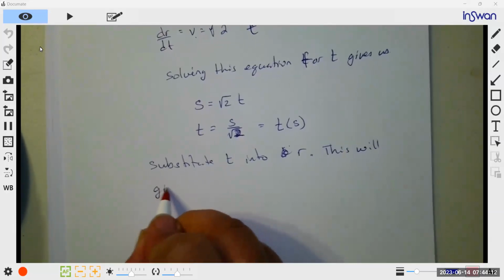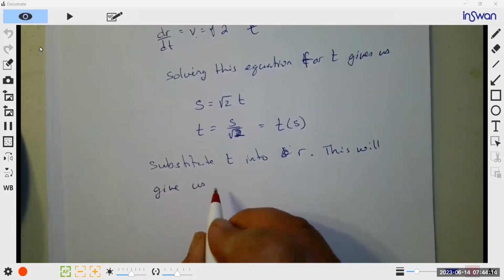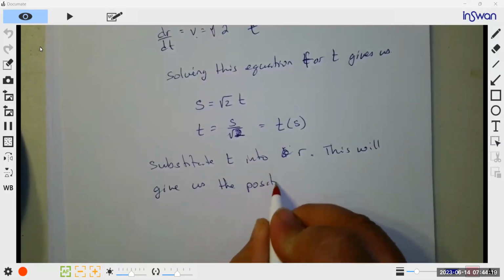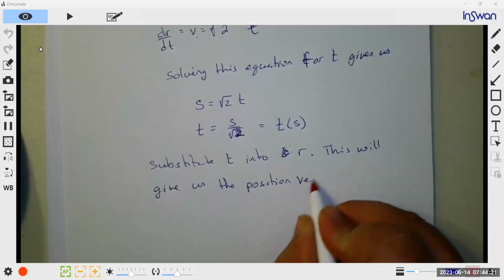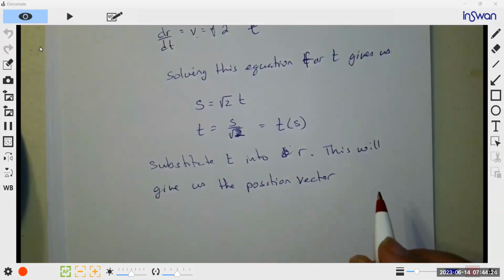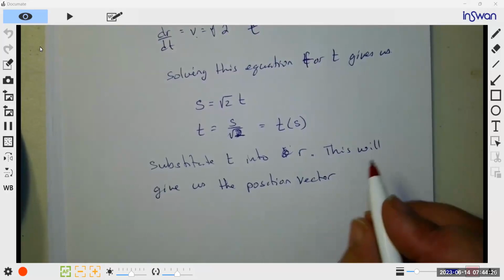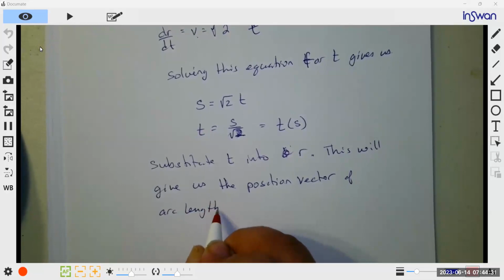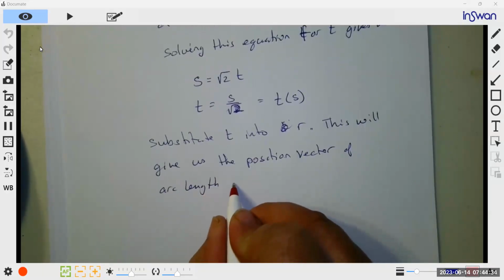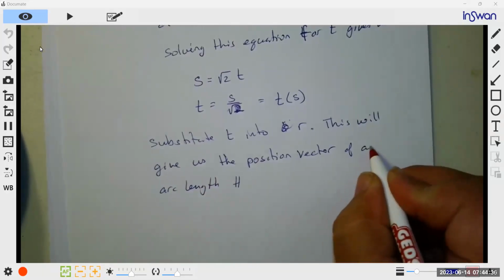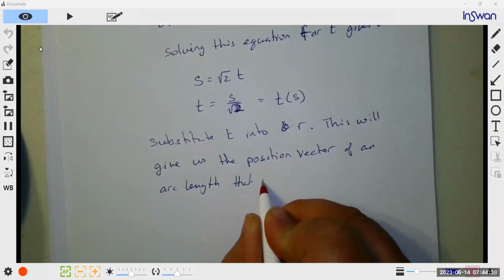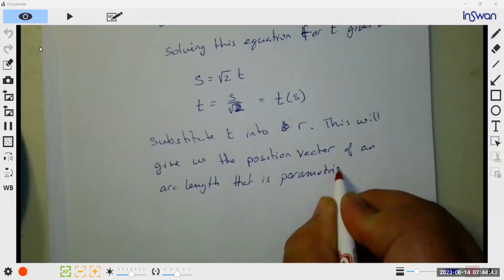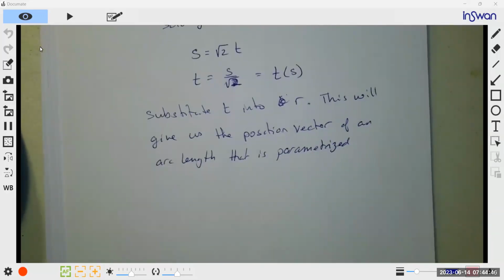This will give us the position vector of the arc length parametrization.